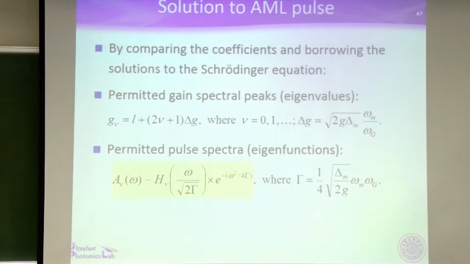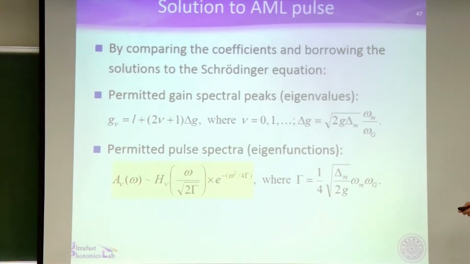G sub nu, the nu-th order permitted gain spectral peak, is equal to L, your cavity loss, plus (2 nu plus 1), an integer, times delta G, a constant, and the delta G is obtained by comparing the coefficients between the Schrödinger equation and the equation we derived for actin-Molac.